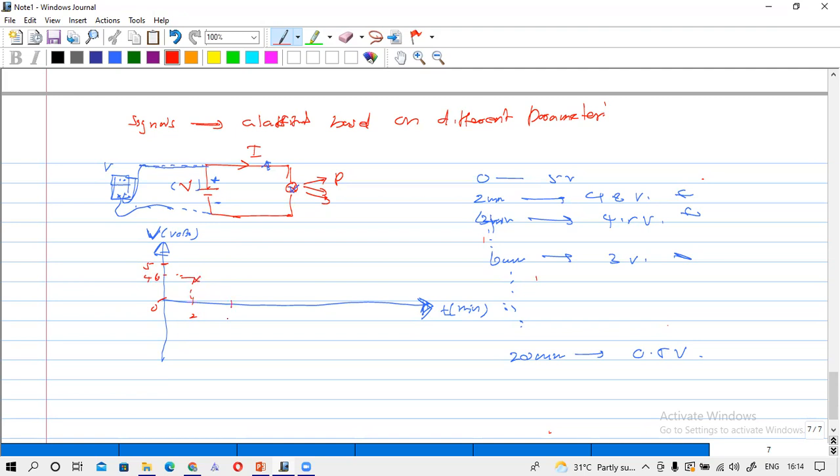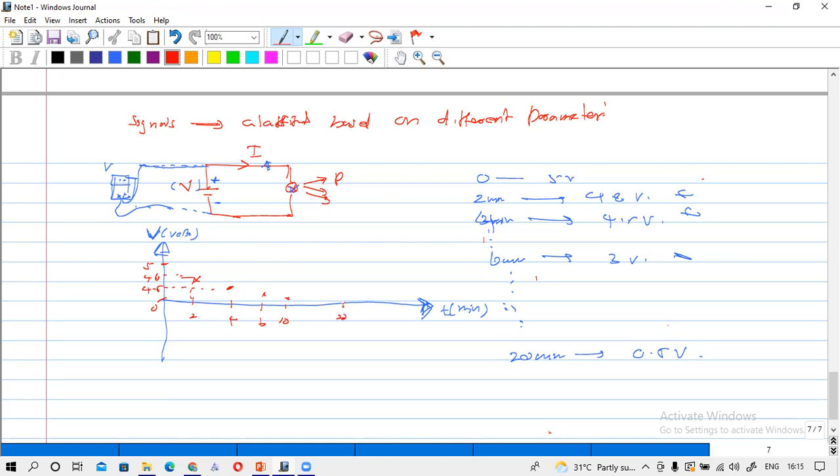At 4 minutes, it is 4.5, like this. This value will be 4.5. At 6 minutes, it will be 3 volts. So at 10, it will be another volt value.